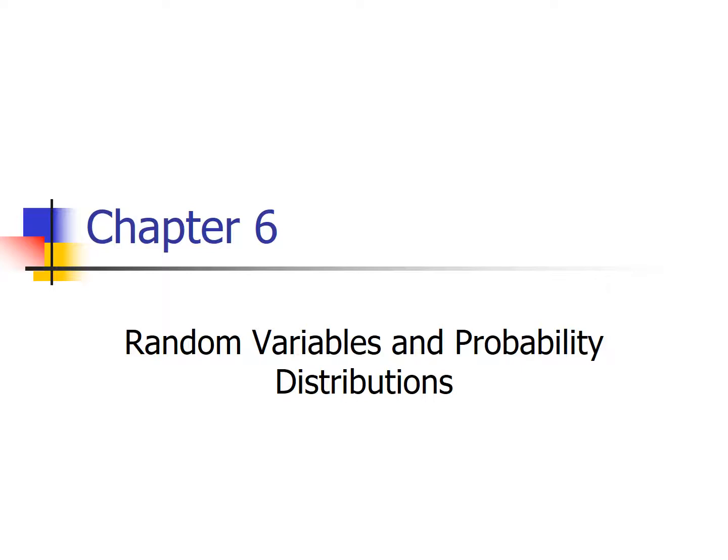Random variables are these kind of abstract constructions based upon the rules of probability, based on the axioms of probability, and these random variables are going to be really important building blocks for where we're heading in this class.